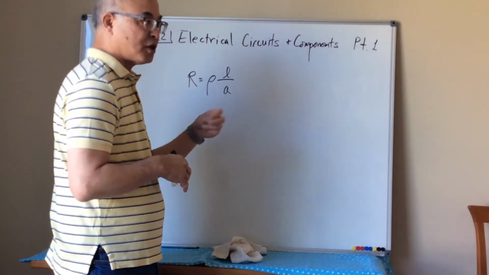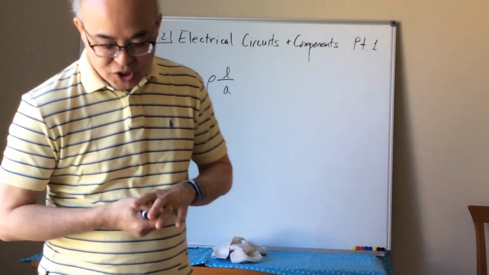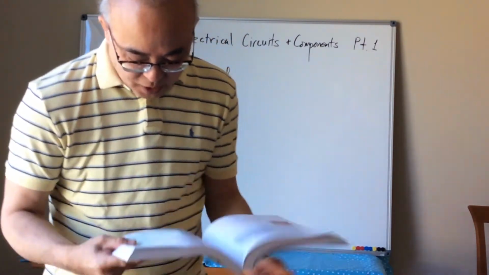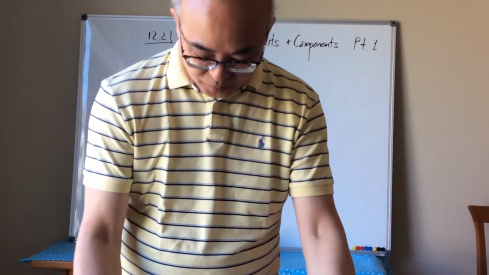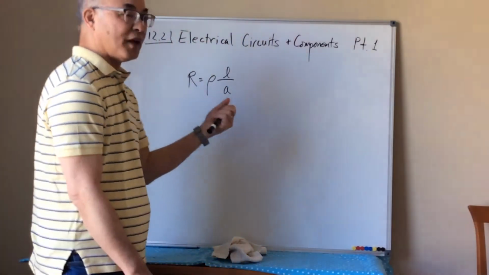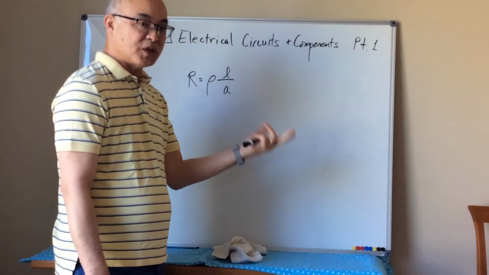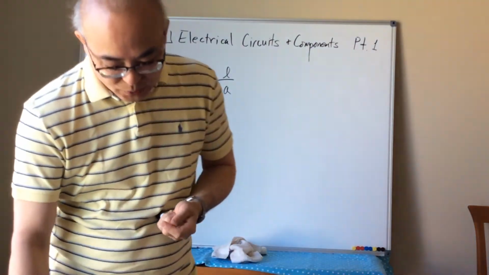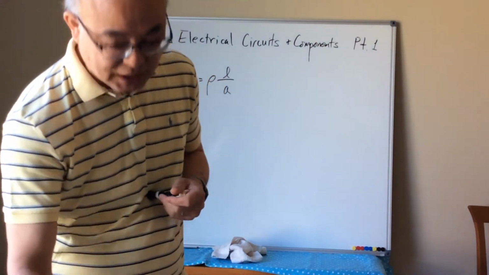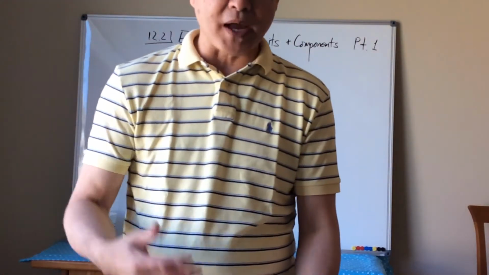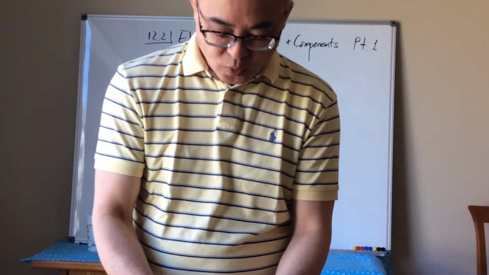You want something that's going to be small. The smallest one is silver, 9.8. Why don't we have any silver wire then? Because silver is more expensive. So we have the next best thing, which is copper. Copper is 10.37, and that's what we mainly use for wire.